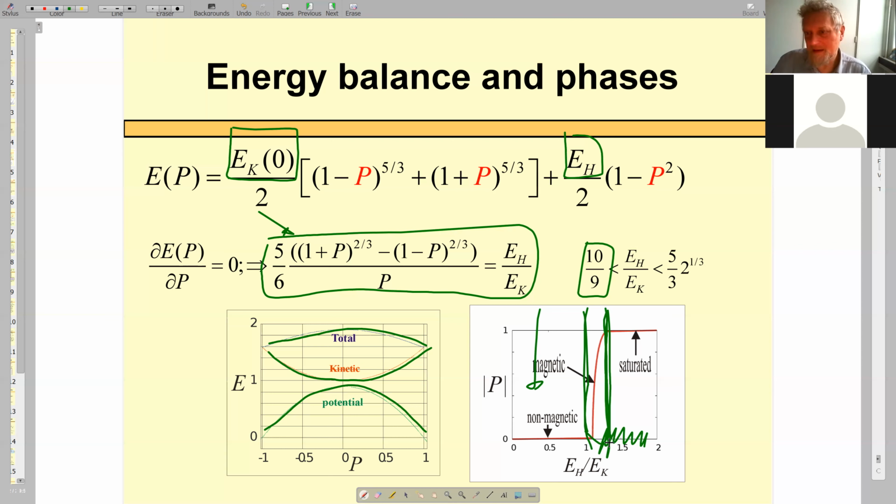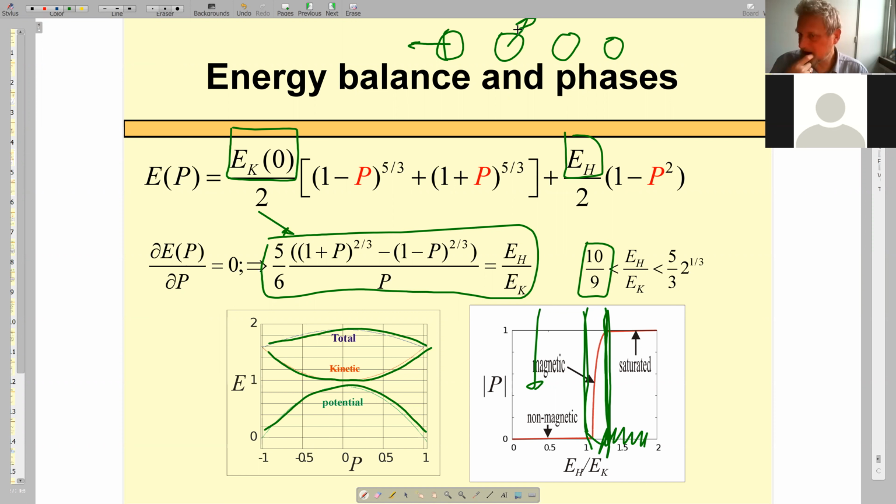So how does this alternative come about? The Heisenberg model works more for insulators. The Heisenberg model assumes that there are atoms, localized states, and there's a localized electron at each atom.